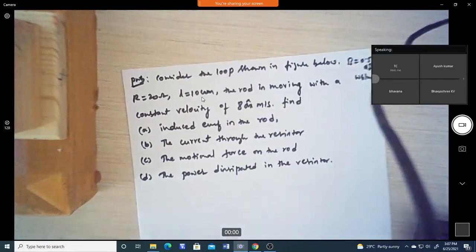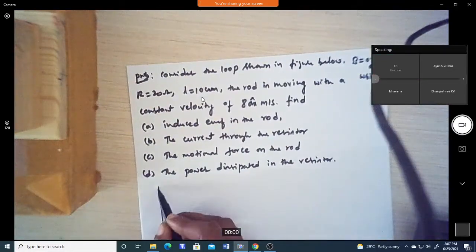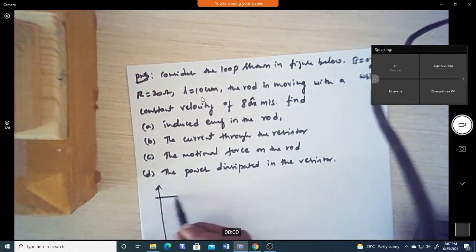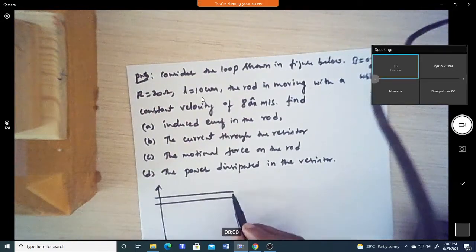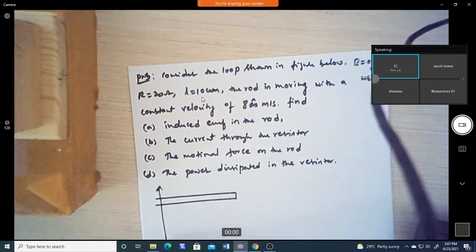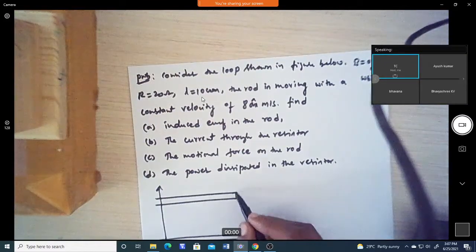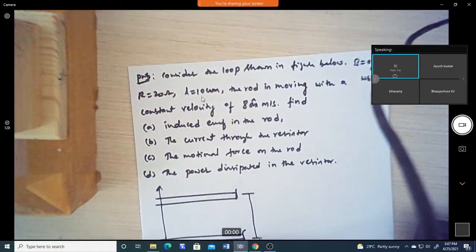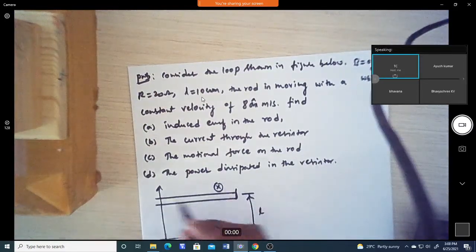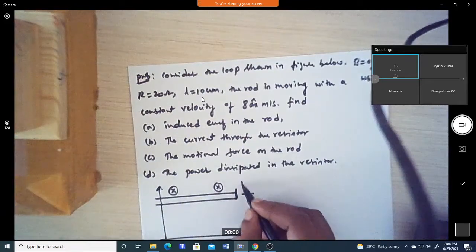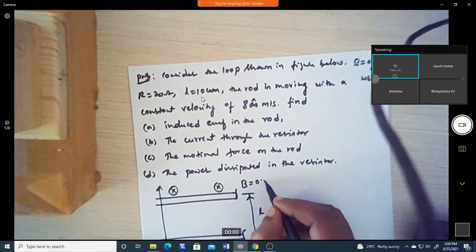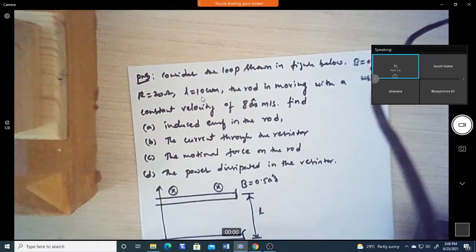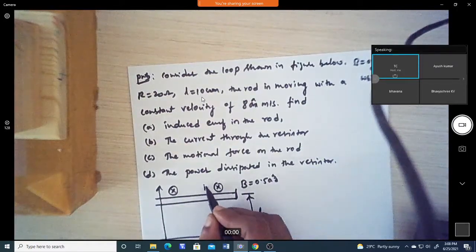Okay, so yesterday we have seen the scenario where we have a constant magnetic field, and on the rails the rod is moving, with distance L. The magnetic field is in the Z direction, given as 0.5 aZ, going into this direction.